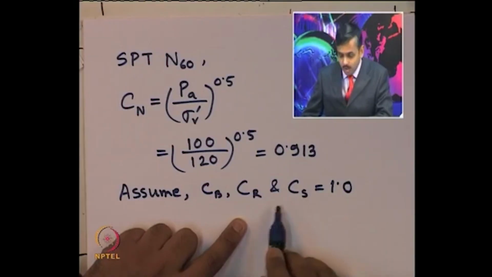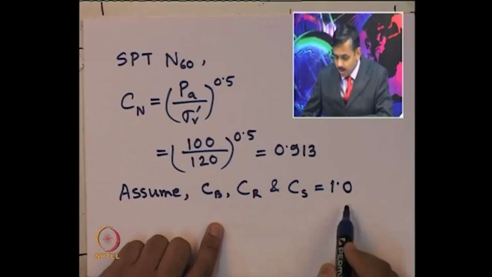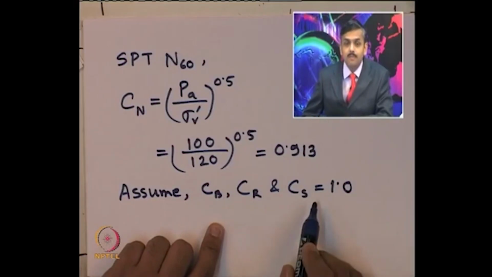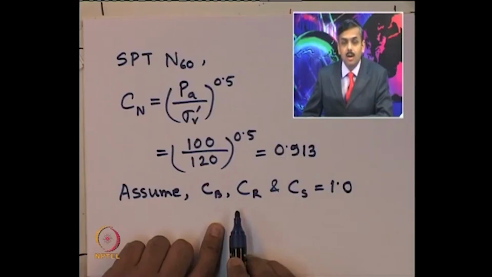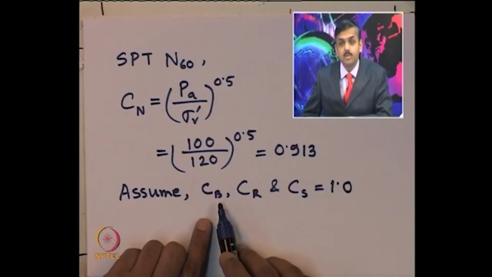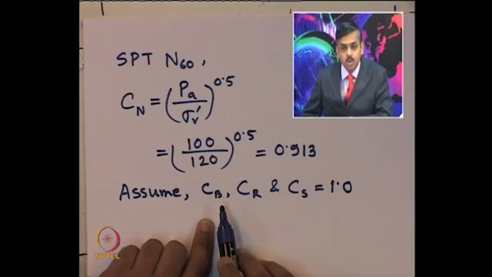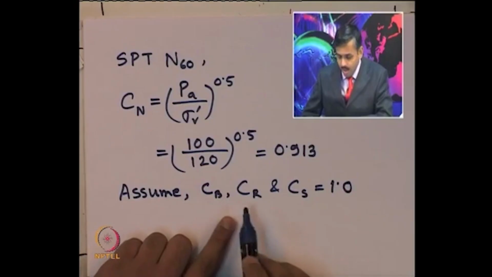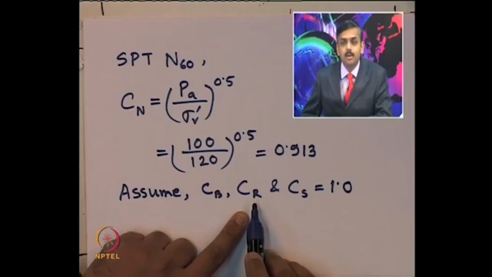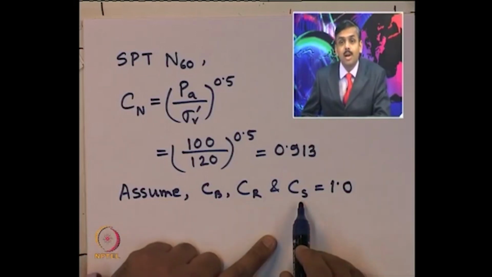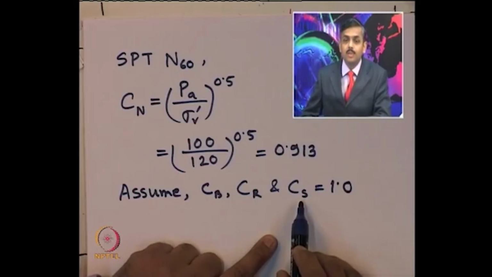So, in absence of these data, we can take no correction factor, but if these data are available, suppose a particular borehole diameter is provided, we need to check what should be the borehole correction factor. If a particular rod length for SPT is provided, we need to check what is the CR value, and if the sampler lining condition is given to us, we need to check what is the value of this correction factor.